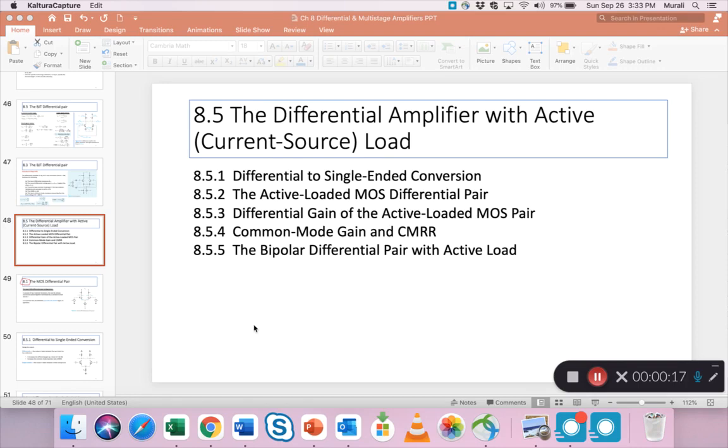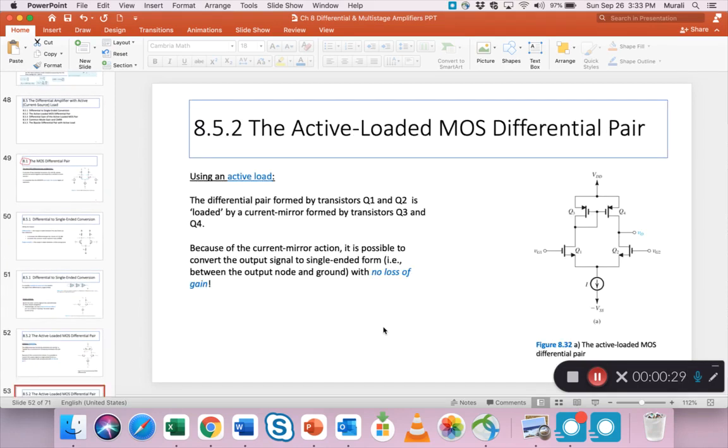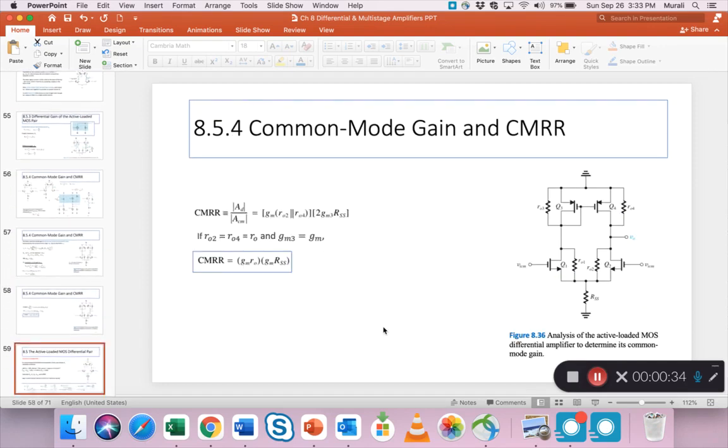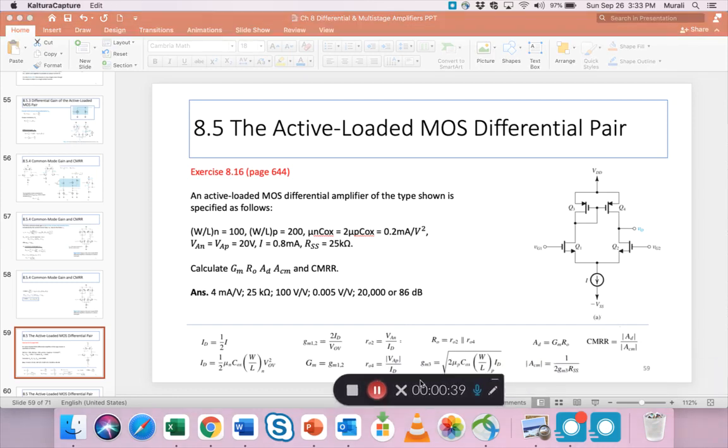Okay, so with that in mind, let's move ahead to slide number 59, where we have the first numerical.